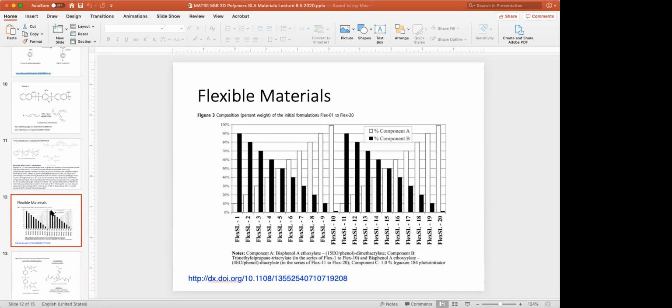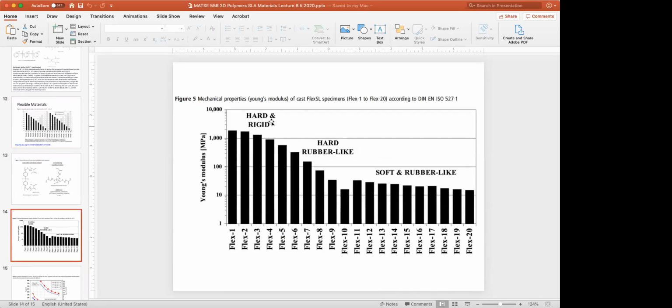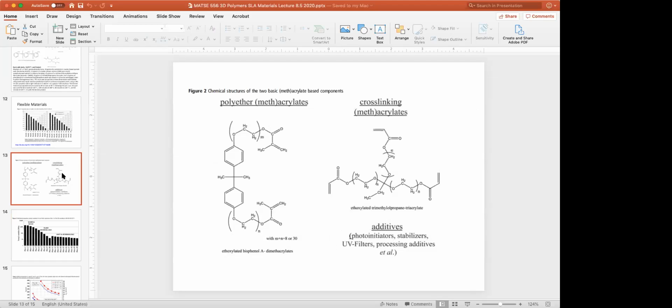So this goes back to the idea that with all these stereolithography resins, you can obtain a wide range of properties just by changing the reaction mixture. In this paper, they talk about getting hard and rigid materials with thousands of megapascal properties, all the way down to soft and rubber-like materials. And so we'll talk a little bit more about how to put together these resins, what properties are available, and how to get good properties out of SLA parts next time.